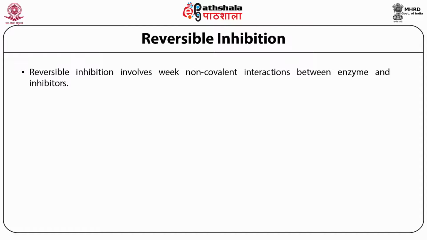Reversible inhibition. As the name suggests, you can reverse this inhibition. When we talk about reversibility, that means we don't have any permanent interaction between the reversible inhibitor and your enzyme.